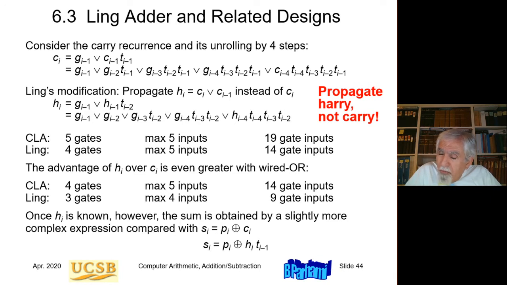So the sum formation requires an extra gate level, that AND, which was not present. However, this sum formation is done only once, whereas the carry recurrence implies a lot of circuitry, multiple levels. So you add one gate level at that very bottom of your circuit, but you save many gate levels in the intermediate stages of the carry.